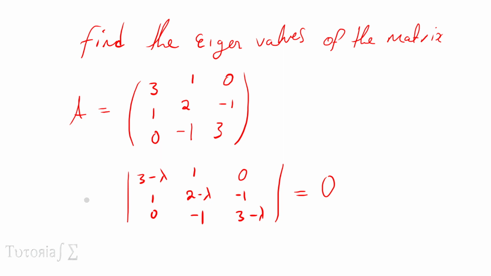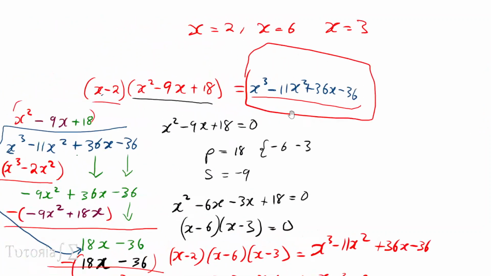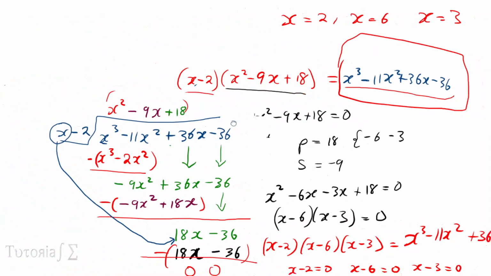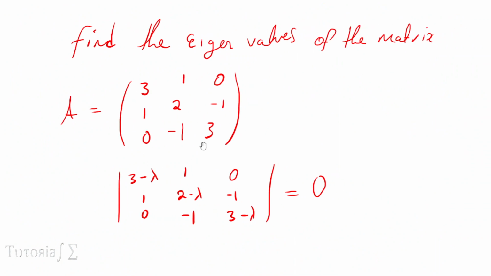When you get that polynomial, you use the methods that we've learned here on finding the factors of the polynomial. Is it clear? Yes, it is. You can copy that.